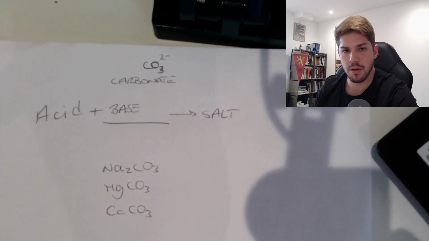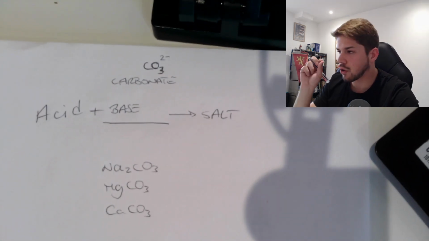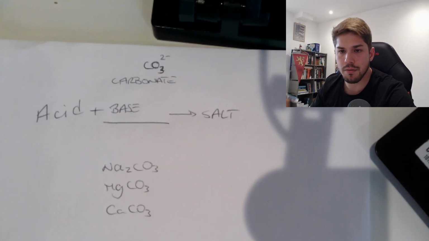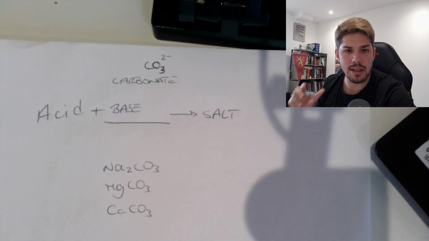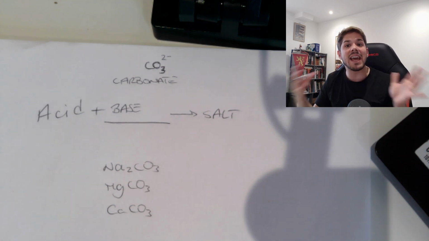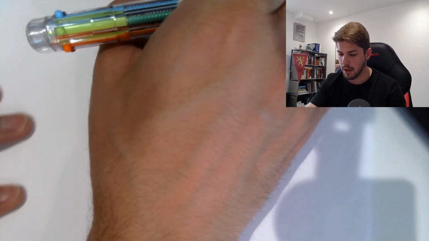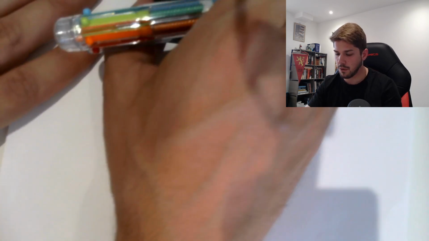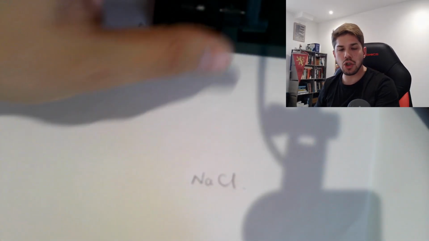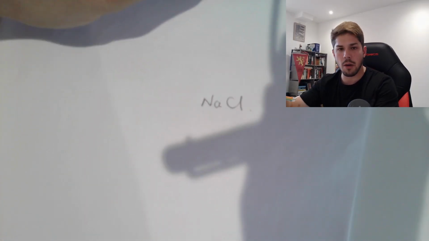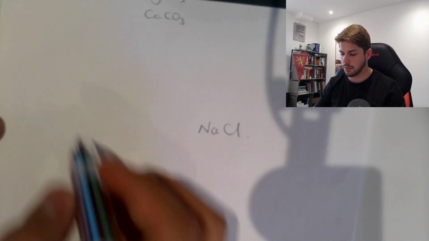And I will give you the most common example of salt, which is table salt. If you remember, what is the formula for table salt? Sodium chloride. And how can we form sodium chloride?